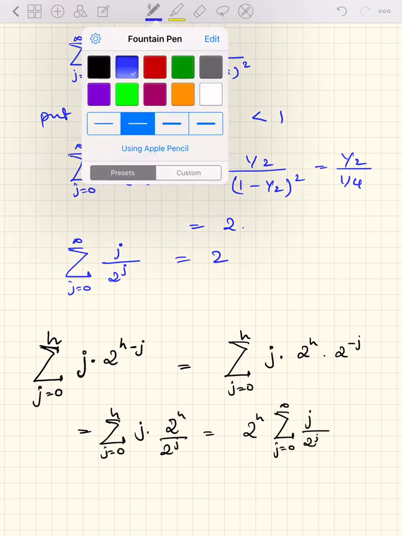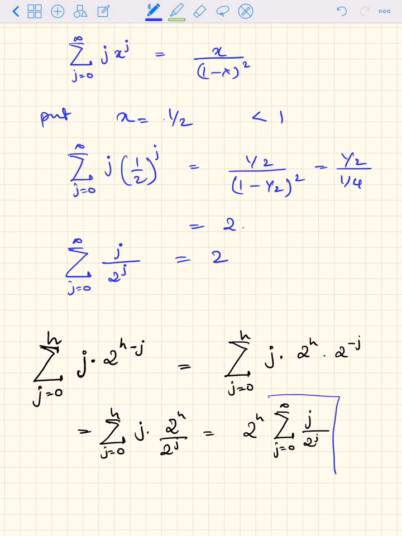Now this is where we look at it. You see this one? Oops, I made one small mistake. We don't really have this going to infinity yet, right? But you see that this summation is very similar to the one that we just proved. And so basically we can write this now as an inequality, that this is less than or equal to 2 to the power h times 2, because this is going all the way to infinity and this is just a few sums.